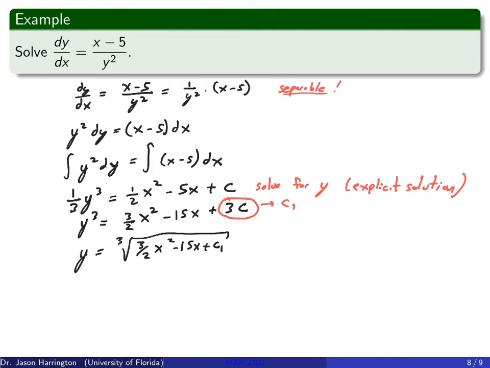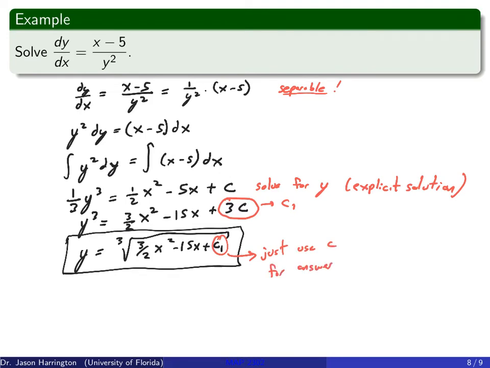They just wrote c's for everything, and I was always very confused. But really what they're doing is saying, okay, this is a constant, let's just call it a new constant, and so now we have this as our final answer. And when you type this in on the computer, you can just use c for the constant.